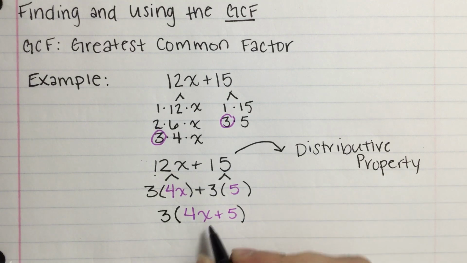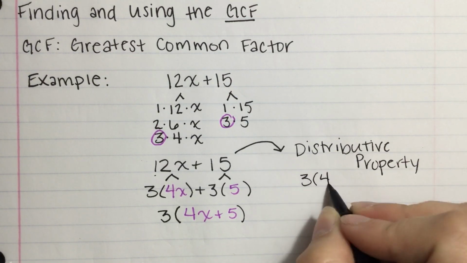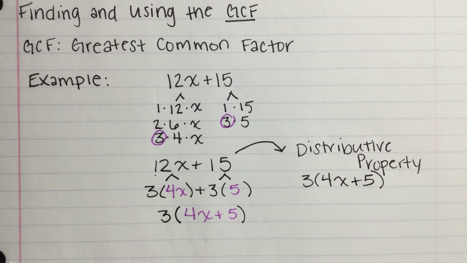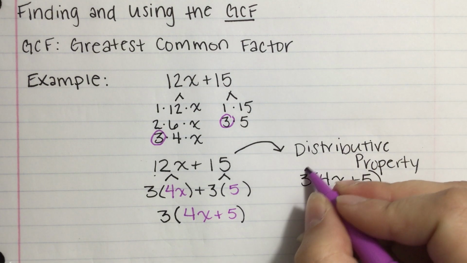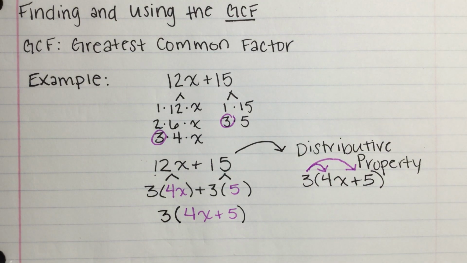So let's say that I started with this expression. I had 3 times 4x plus 5. I know that if I have an expression like this, my job is to take this number on the outside and multiply it by both terms inside my parentheses. Now, I usually skip writing this step, but let's write it down.